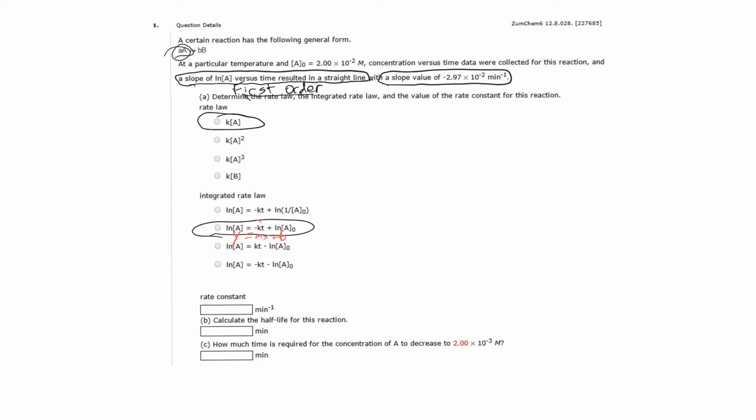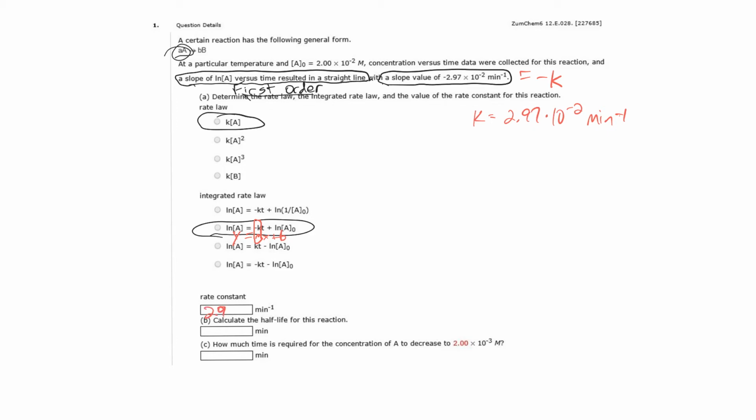Well, what's the value of m? Negative k. The slope is the negative rate constant k. So that means if we flip the sign, instead of negative 2.97, make it a positive 2.97 times 10 to the negative second inverse minutes, you have your value of k.